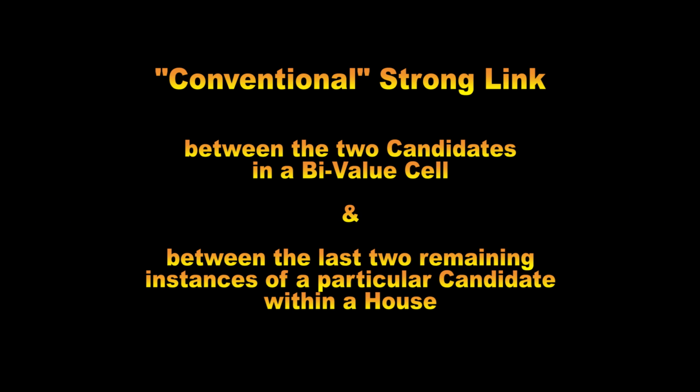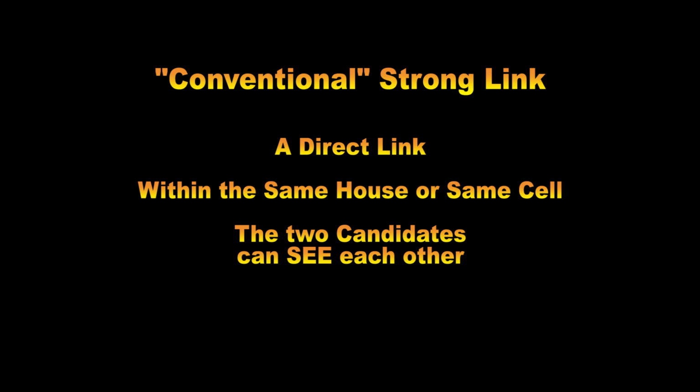And there is what I call a conventional strong link between the two candidates in a bi-value cell and also between the last two remaining instances of a particular candidate within a house. This kind of link is a direct link, i.e. the two candidates can see each other. This means one of them must be false and the other must be true.